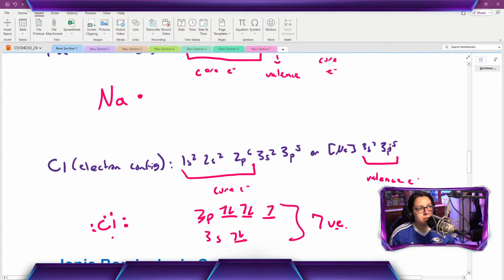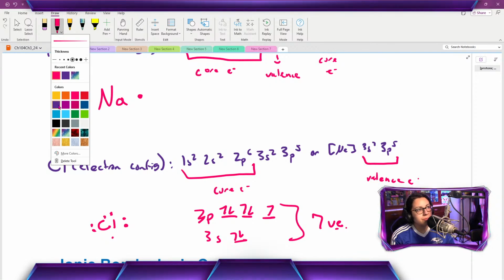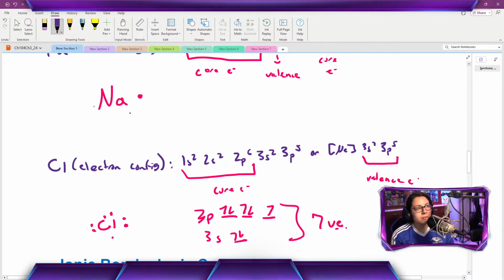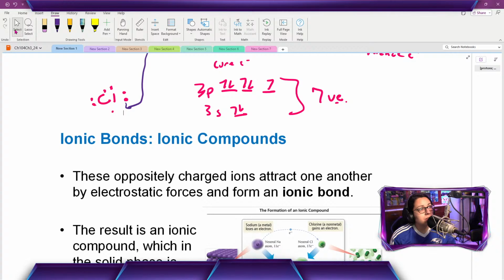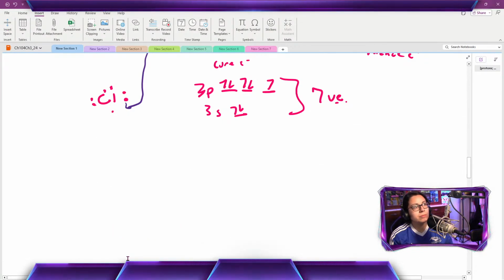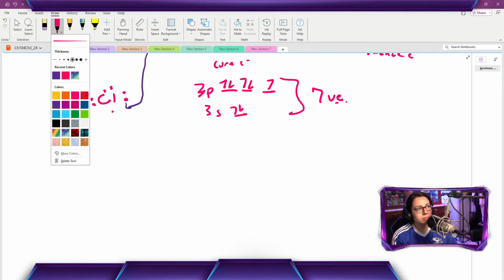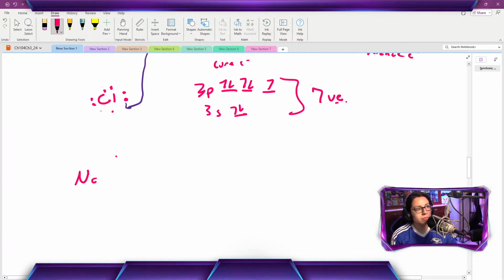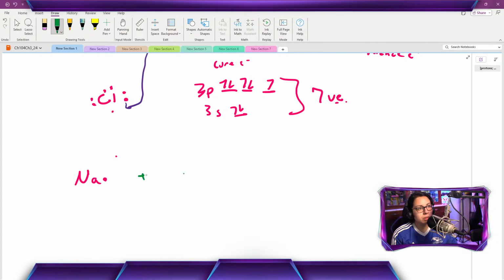What's going to happen is, when they get together in a reaction, sodium is going to give up its electron. It's going to donate it to chlorine. Now let's rewrite that. Sodium plus our chlorine.